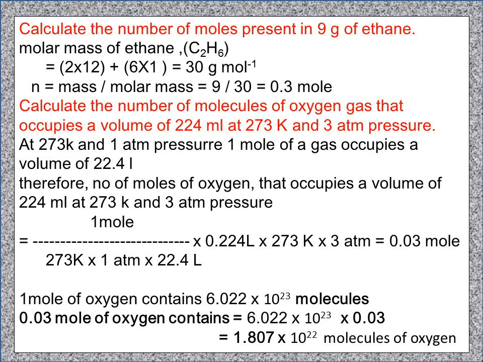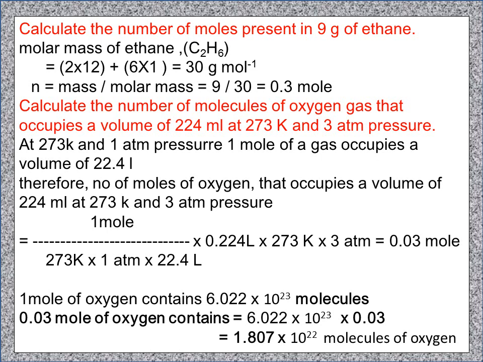Same way they have given you volume and you are supposed to find out number of molecules. Calculate the number of molecules of oxygen gas that occupies a volume of 224 ml at 273 Kelvin and 3 atmospheric pressure. We know that at 273 Kelvin and 1 atmospheric pressure, 1 mole of any gas occupies 22.4 liters. Do you remember the table I gave?